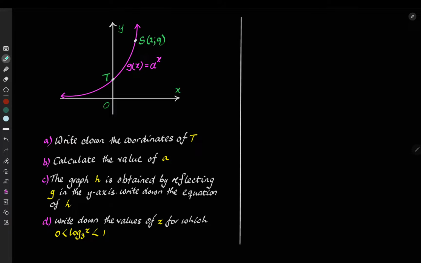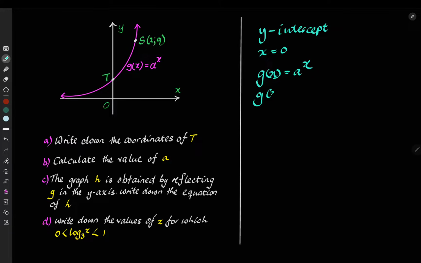So when you check, T is a y-intercept. If you remember very well, for the y-intercept, we let x is equal to 0. So we just write down our equation: g of x is equal to a to the power of x. Then remember at the y-intercept, x is 0.